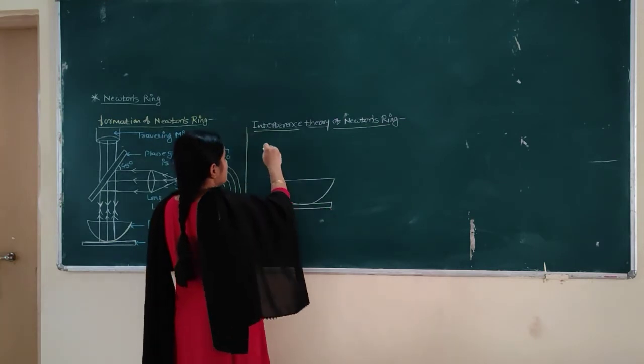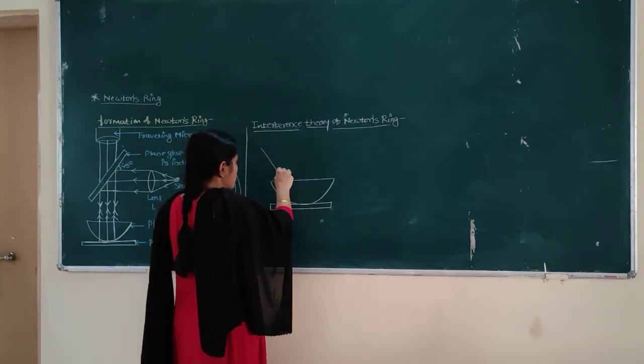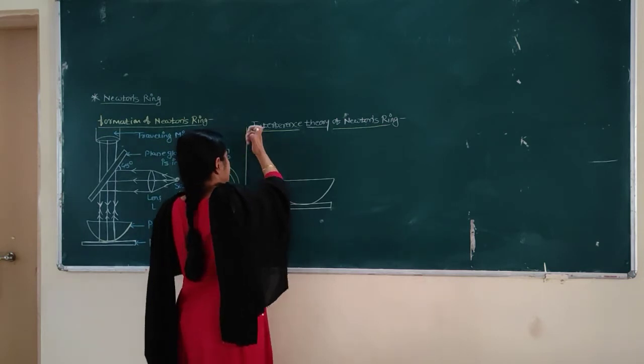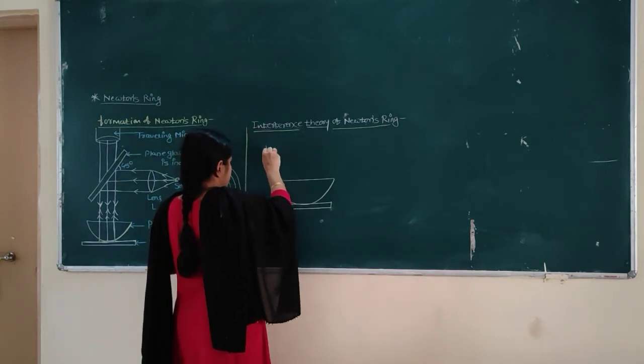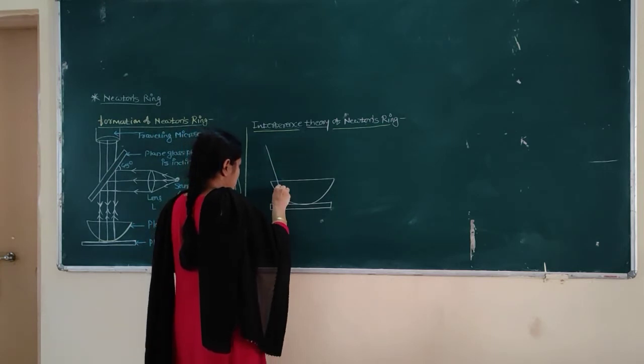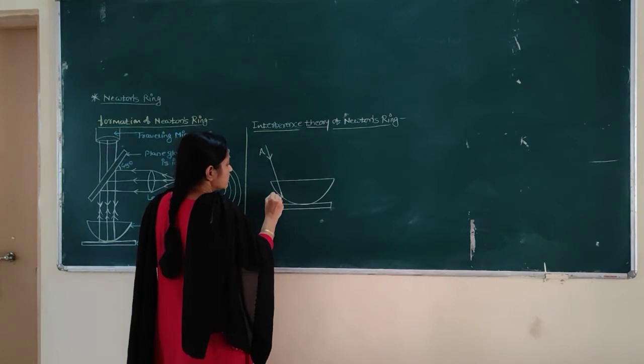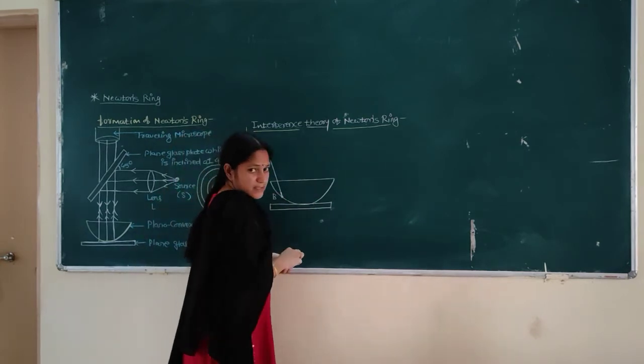Now here also a monochromatic beam of light AB is incident on plano-convex lens.